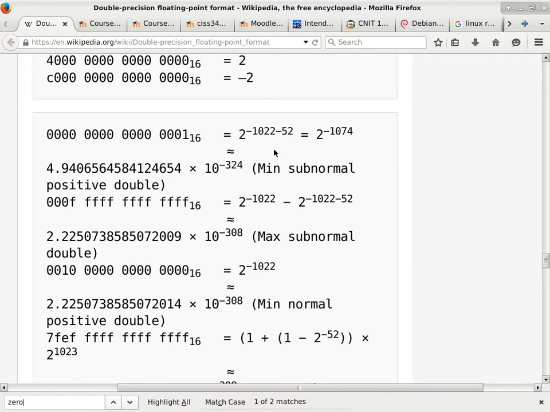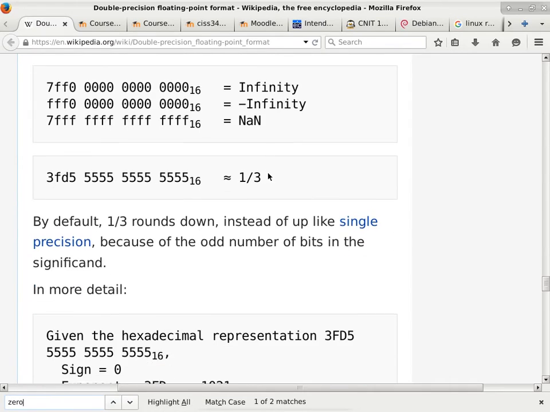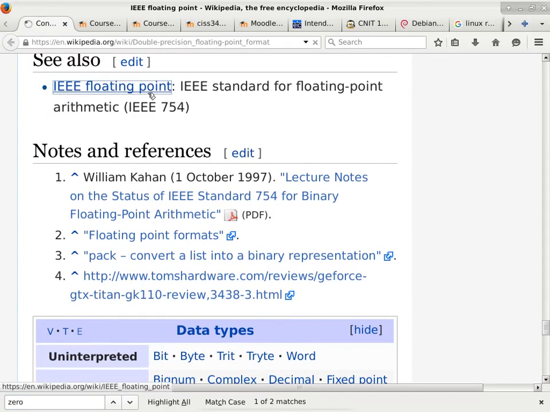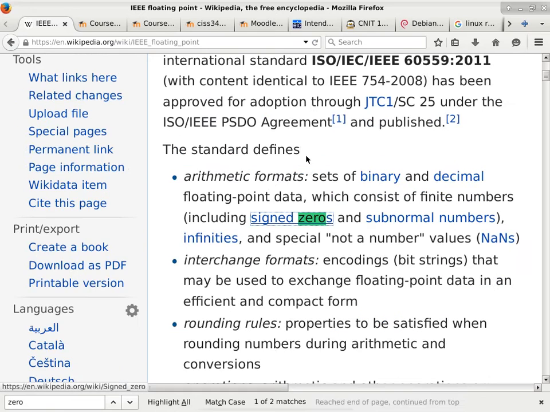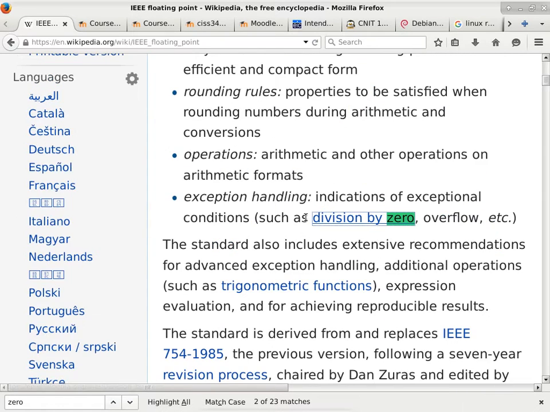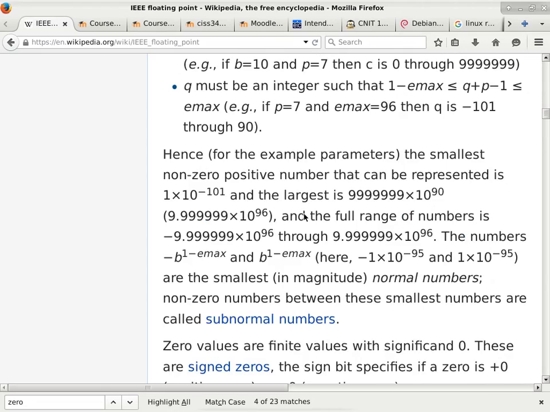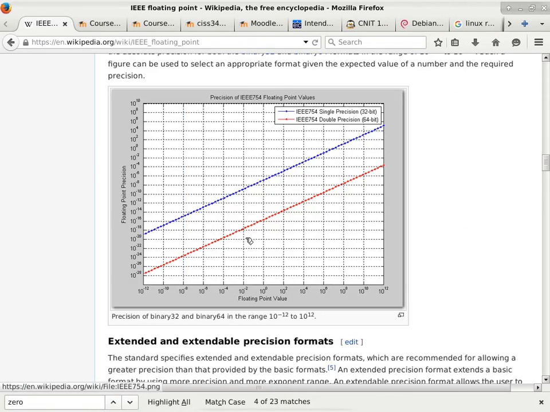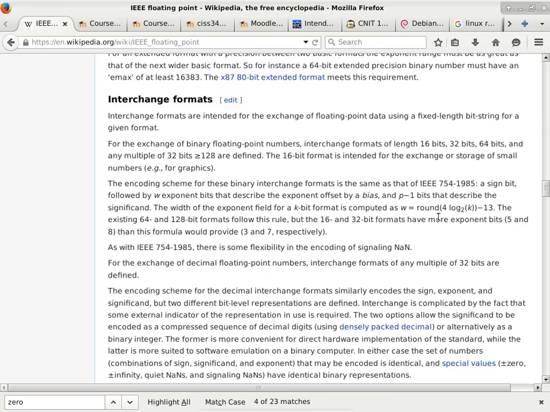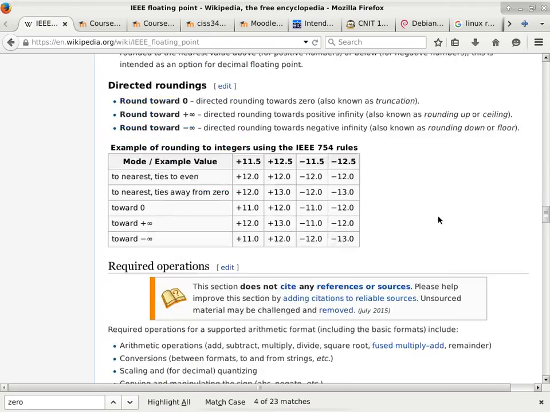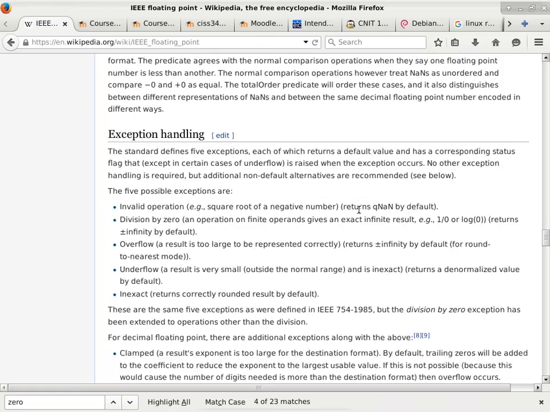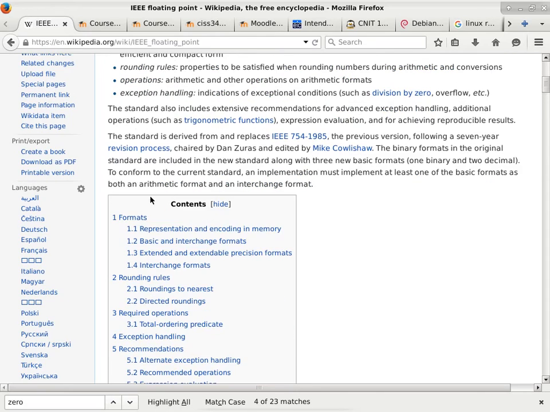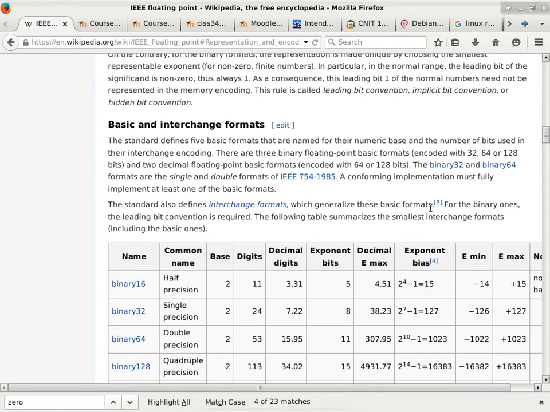By the way, it does have a whole bunch of examples. I think it's in the general page of floating point numbers. I'll zoom out first, and then zoom back in. Presentation, there we go.